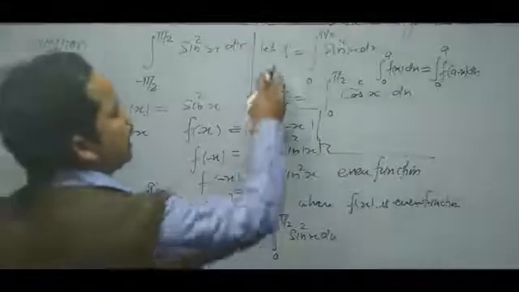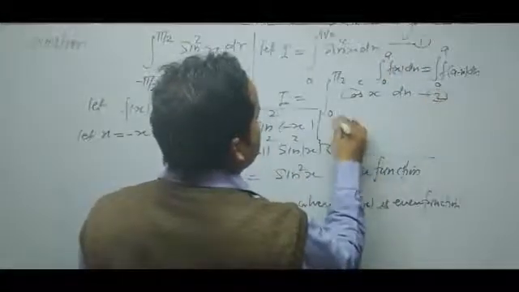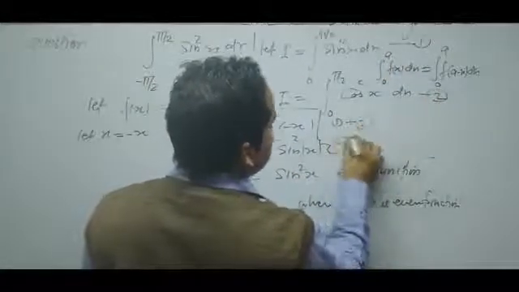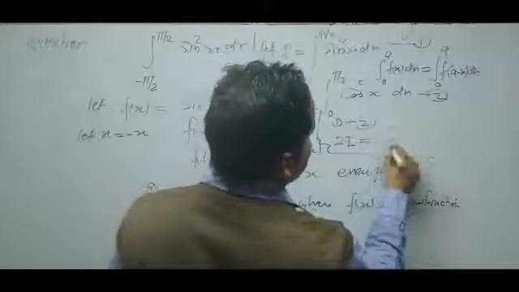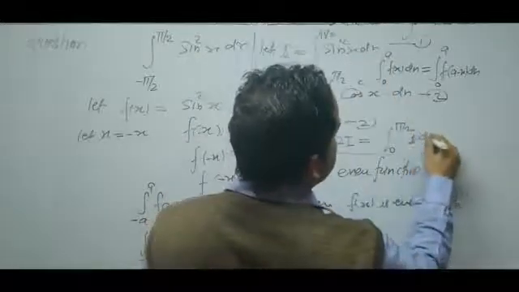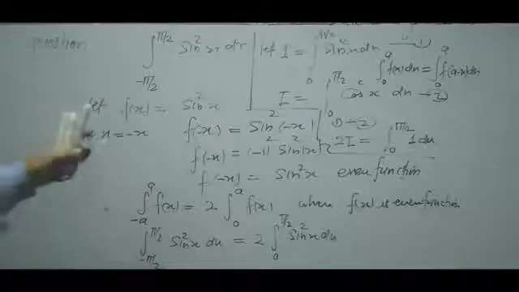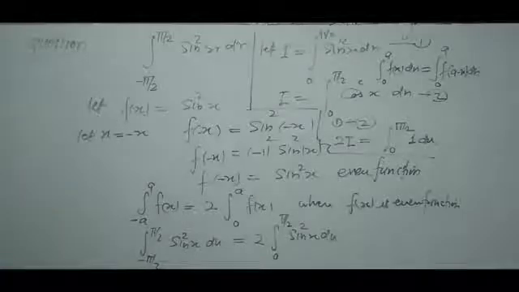And now when you add equation 1 and equation 2, you will get the integration over 0 to pi by 2 of (sine square x plus cos square x), whose result will be 1, dx. Now the integral of 1 dx is x, so the limit is from 0 to pi by 2.